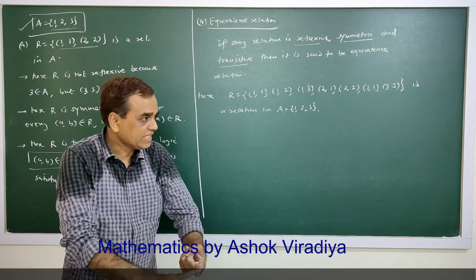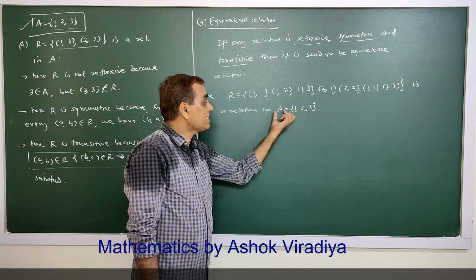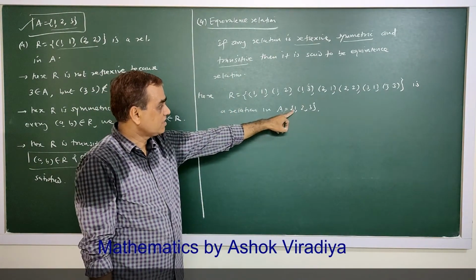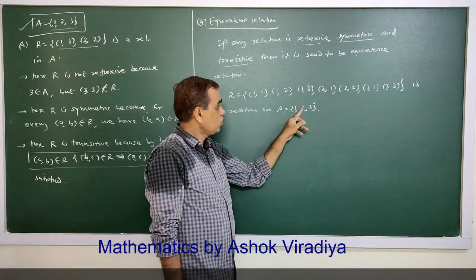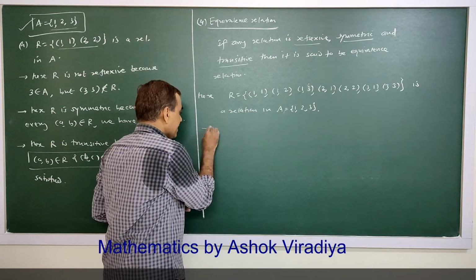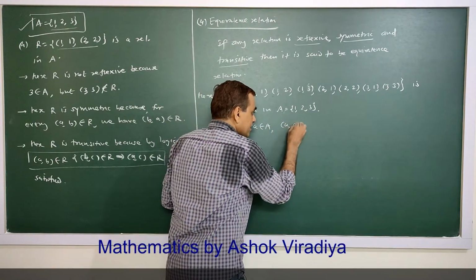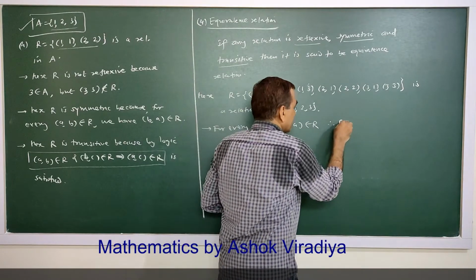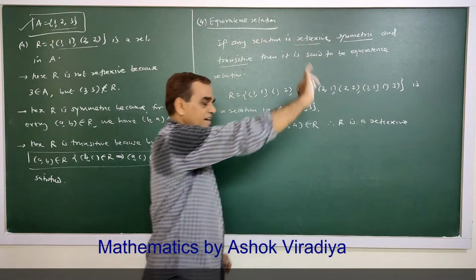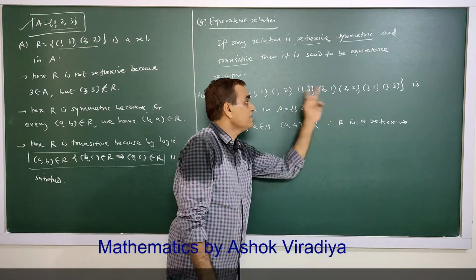To check reflexivity, observe set A. For every element of the given set A, its doubling must be in relation R. For 1, 1 1 is in R. For 2, 2 2 is in R. For 3, 3 3 is in R. So for every A belonging to set A, its doubling is in R. Therefore, R is a reflexive relation.